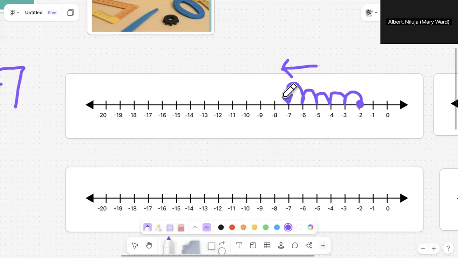So what the rule is describing is that we are combining a -5 by moving left on the number line. Whenever we have two negative numbers, we're always going to move towards the left.